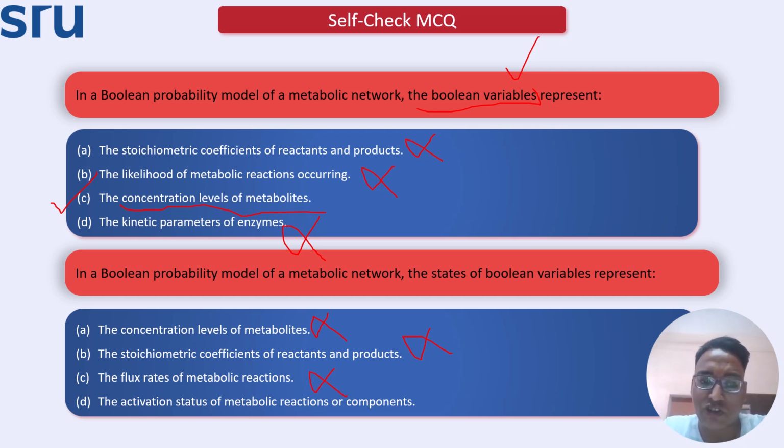The activation status of metabolic reactions or components, yes, this is the right answer. So when we are talking about the status of Boolean variables, the status means activation status. The Boolean variable overall represents the concentration part. Coming up or not coming up is the activation status, the status of being activated to guide the function, over which the probability is there. Alright. I hope you might have understood properly now.